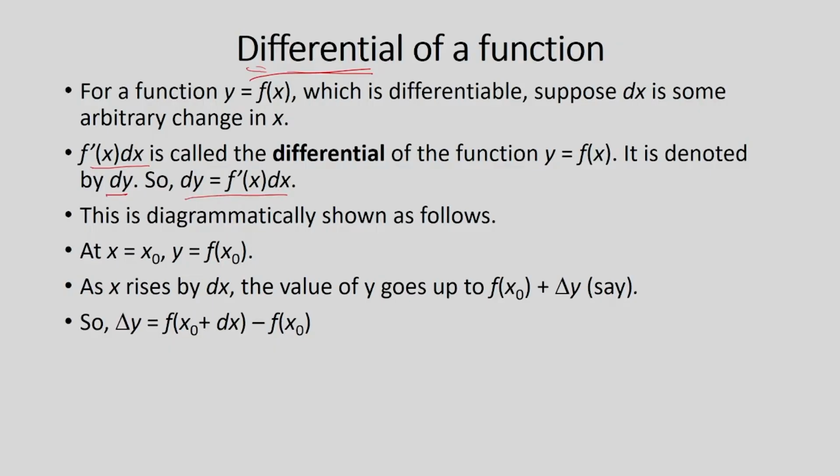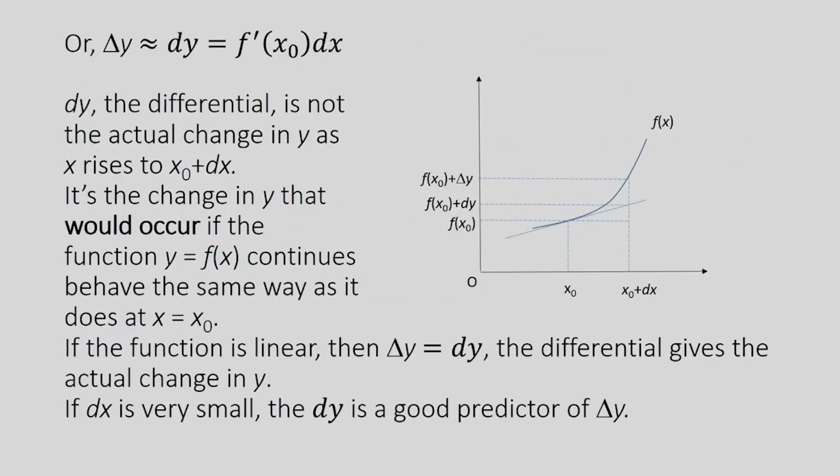So, this is diagrammatically shown as follows. So, diagram is in the next slide. Okay. So, here you have f(x) function and you have taken a point x is equal to x0 here, and dx is some change in x. So, this portion is dx.